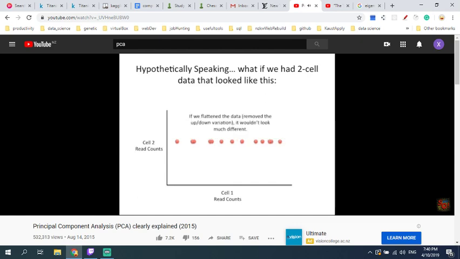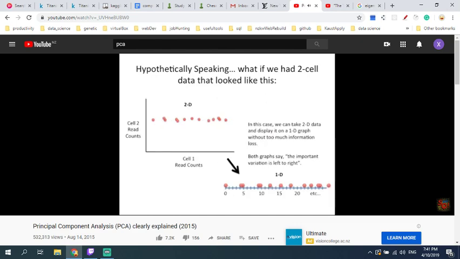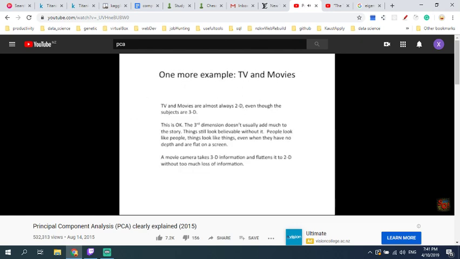If we flatten the data, that is, removed the up and down variation, our graph wouldn't look much different from what it looked like before. And if we flatten the data, we could just graph it with a single number line. In this case, we can take two-dimensional data and display it on a one-dimensional graph without too much loss of information. Both graphs say the important variation is left to right.